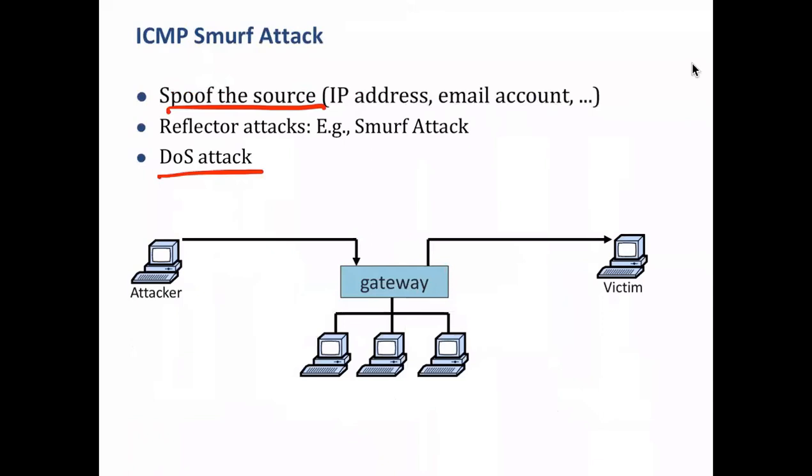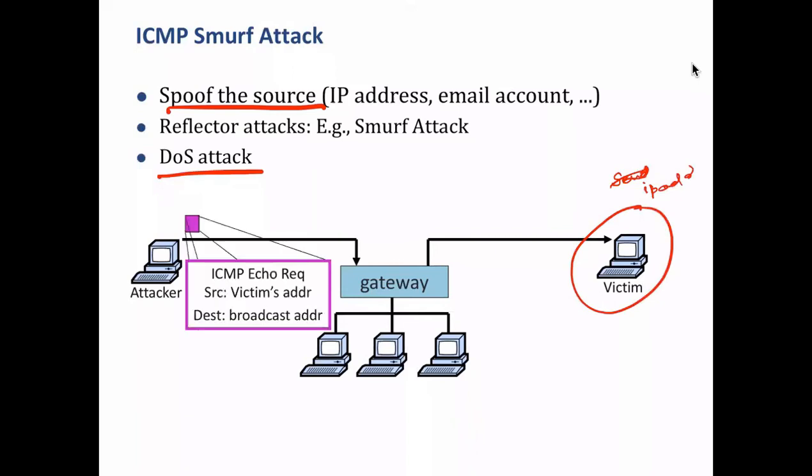You send an echo packet and broadcast it with somebody else's address, the victim's IP address, as the source address.